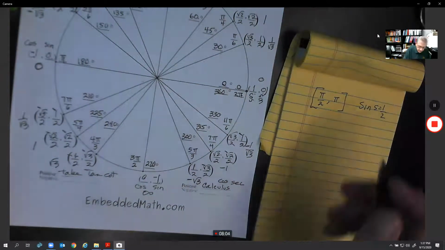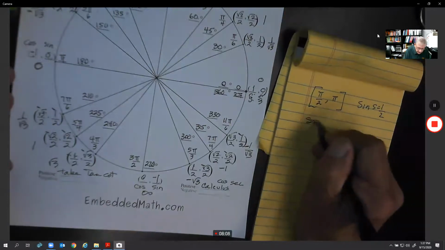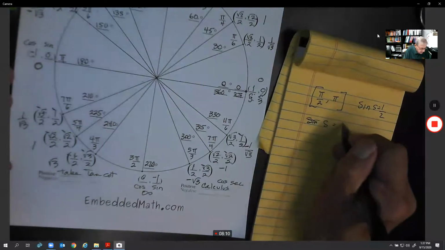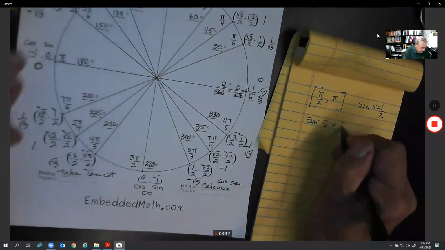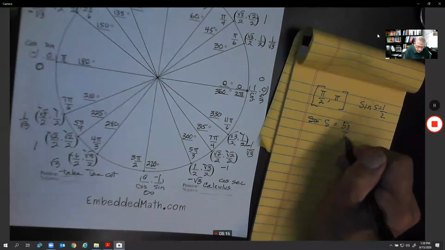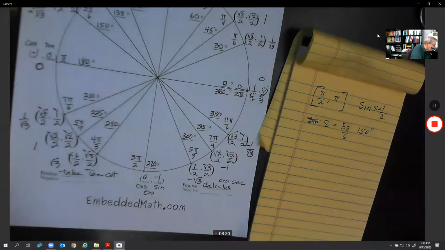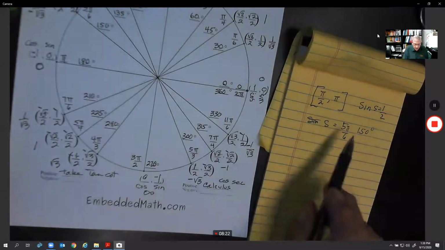The sine of S would be 1/2. Would be 5 pi over 6, or 150 degrees. I don't know what they wanted. Let's check. I'm going to check my answer, and they wanted 5 pi over 6.